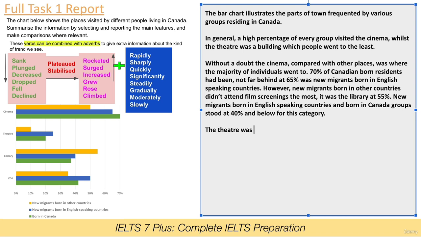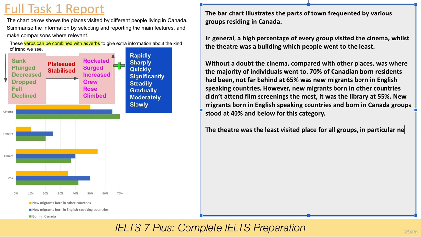The theatre was the lowest, was the place, was the least visited place for all groups. And then we can pick a percentage to draw from new migrants born in other countries.